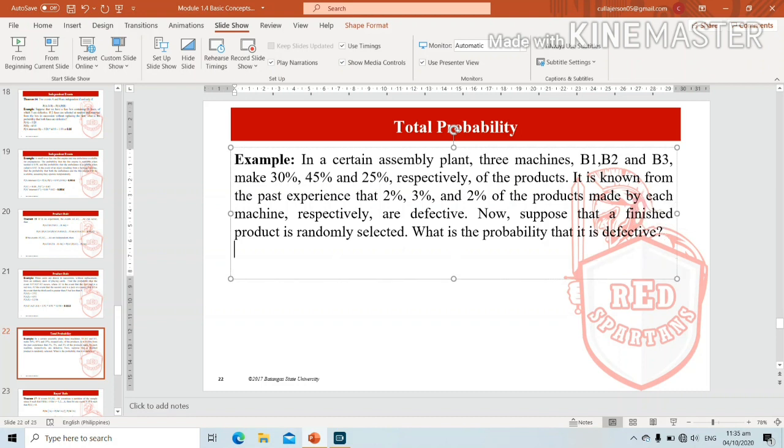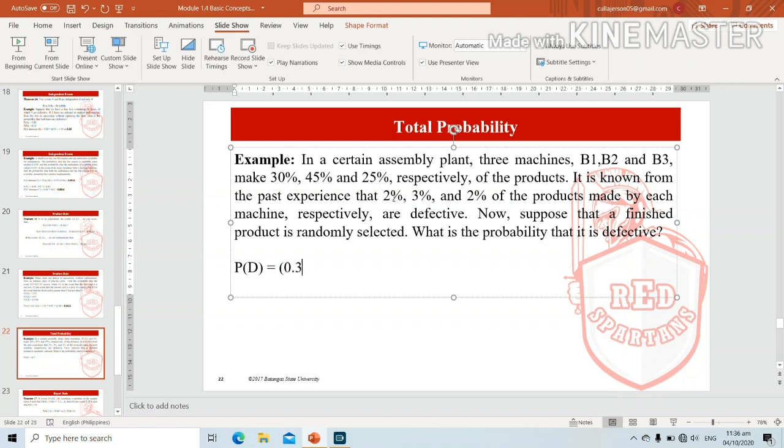So pag mga ganyan, probability ng defective is equal to, kunin lang natin yung ito. Madali lang naman to. 30% or 0.3 kay B1.